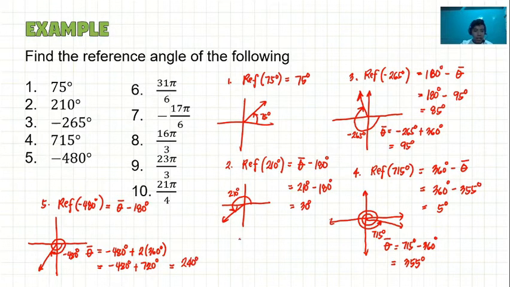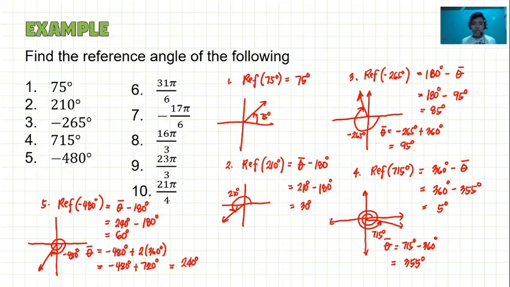Okay, so the angle coterminal with negative 480 degrees is 240 degrees. So theta bar here will be 240 degrees minus 180 degrees. So this will now be equal to 60 degrees. So this is now our reference angle. Okay, so I hope that is clear.